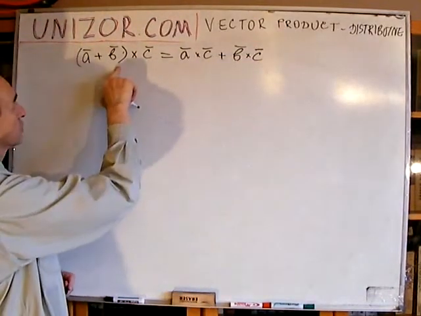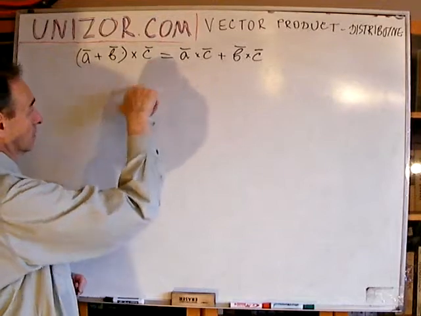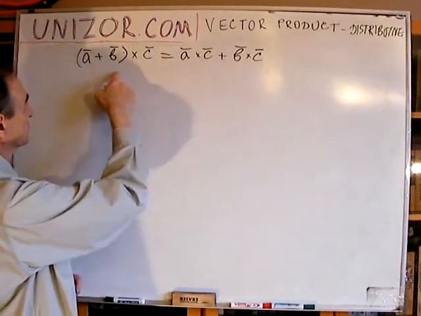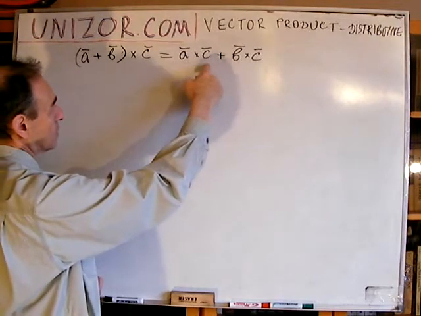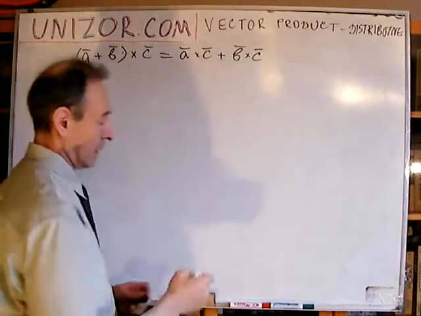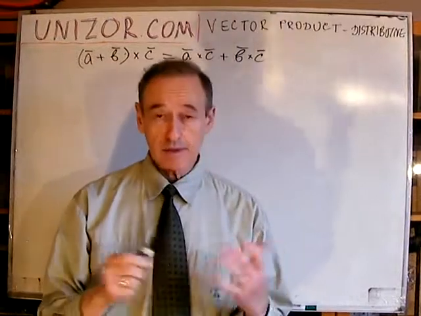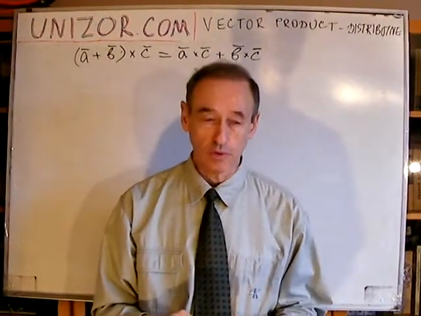If you would like to have the vector product of the sum of two vectors by the third one, then you multiply the first one, the second one, and then add the results. That's the typical form of the distributive law.